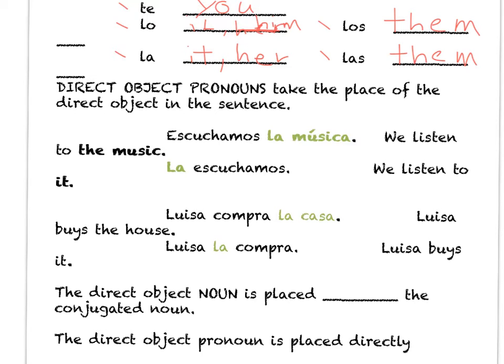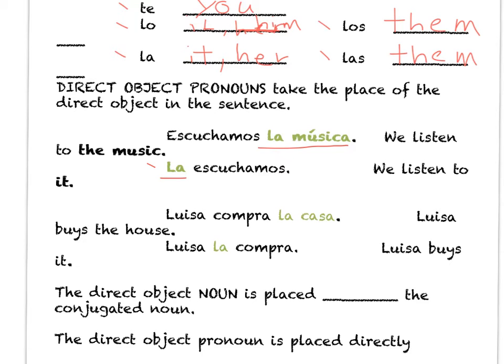Remember, you see la música in green because that is your direct object noun. Now we want to replace it with a direct object pronoun. So in the second example, la escuchamos, you can see that we have replaced la música for the direct object pronoun la.